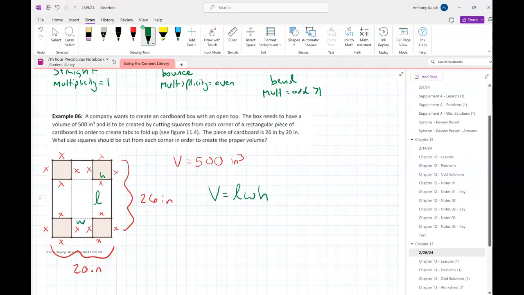Let's start with the easy one. How do I write h in terms of x? So h is that distance, right?